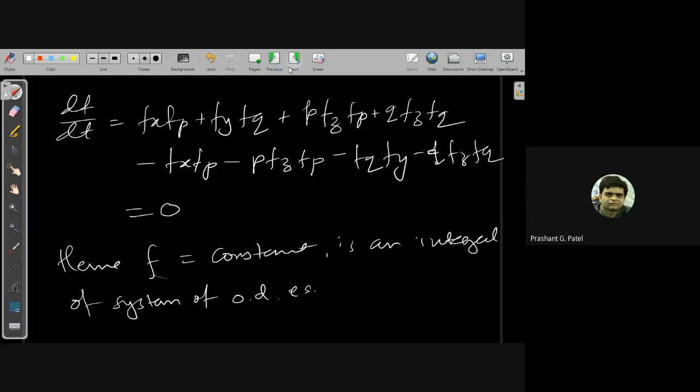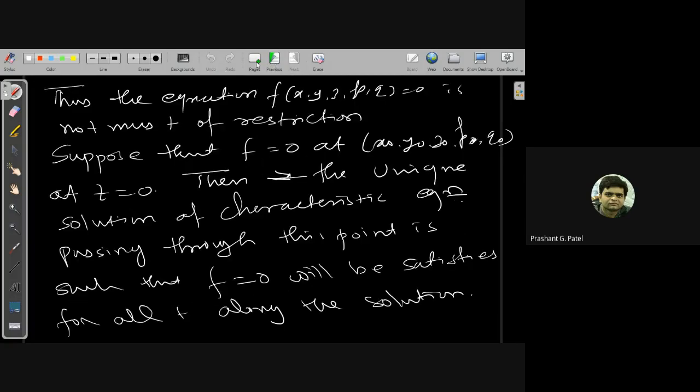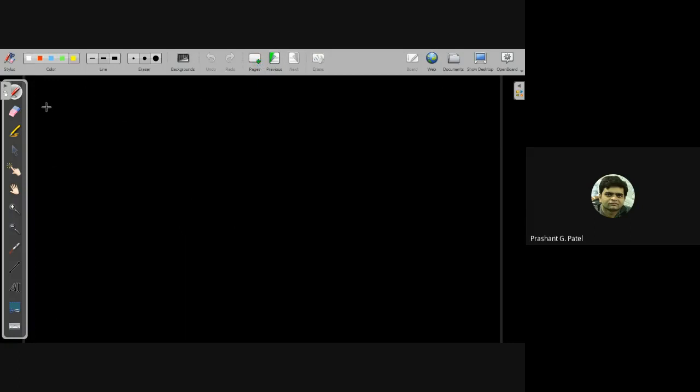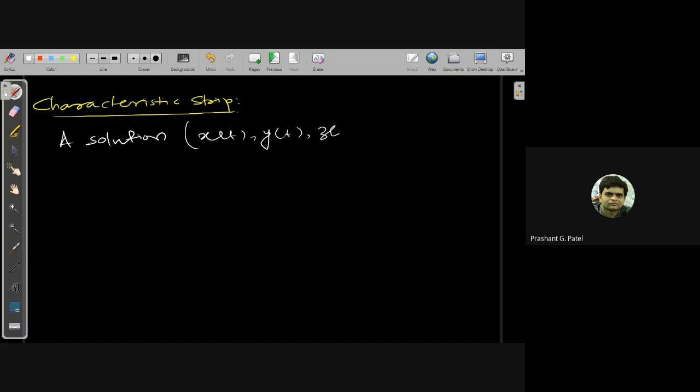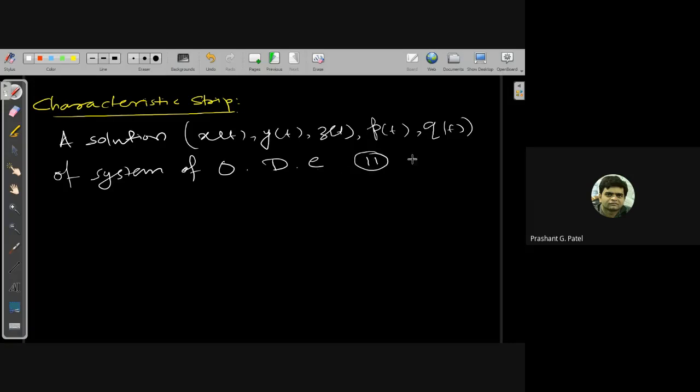And now we'll give the definition of the characteristic strip. A solution x of t, y of t, z of t, p of t, q of t of the system of ordinary differential equations, that is 11, can be interpreted as a strip.